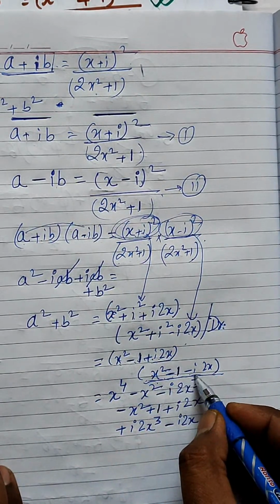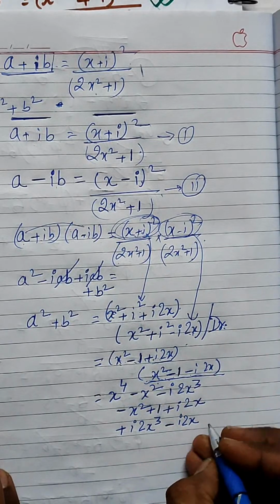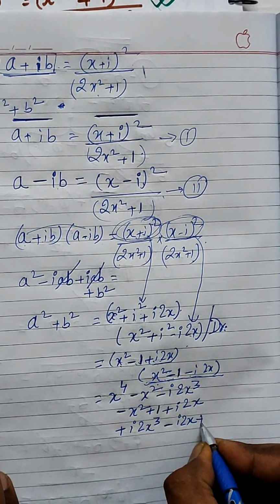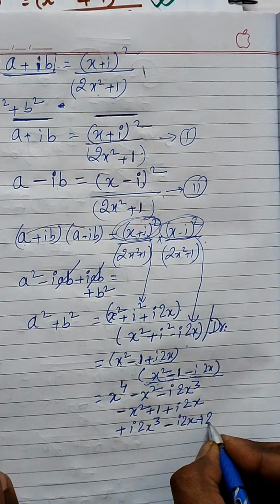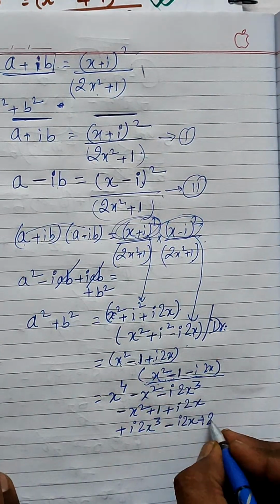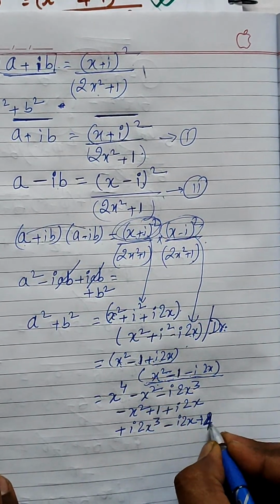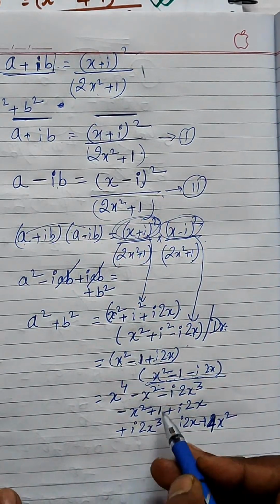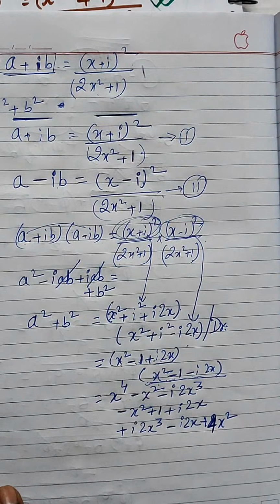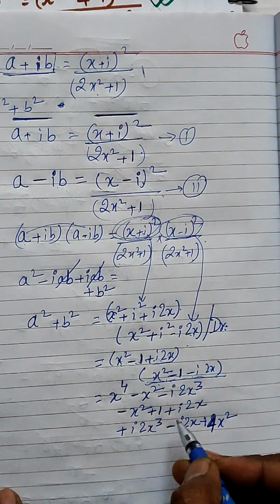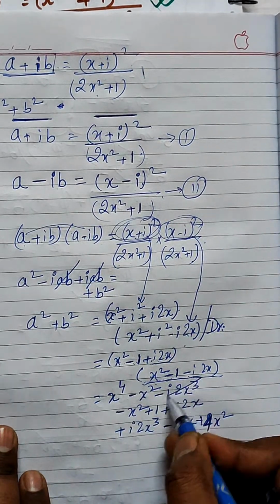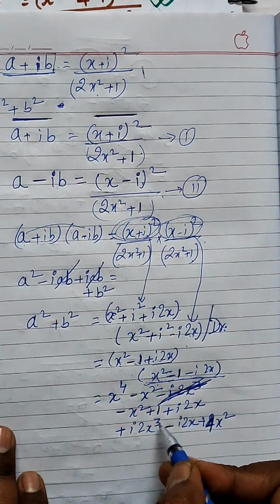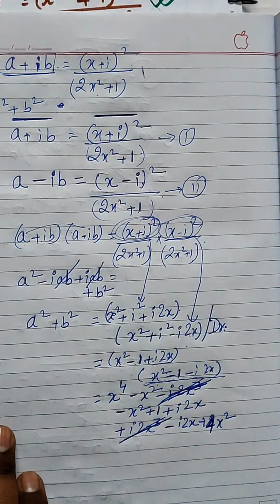i will be multiplied with i, which is i square, minus 1, so it will be coming as plus 2 into 2, which is 4x square, right? Now you can see x square will be cancelled out here. Sorry, minus i 2x cube will be cancelled out with plus i 2x cube, right?